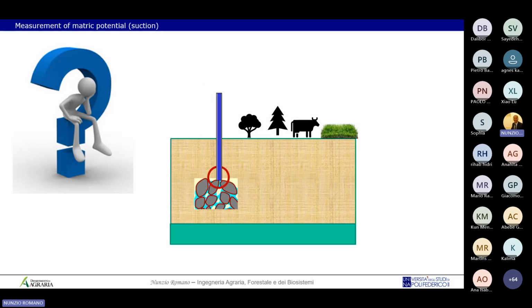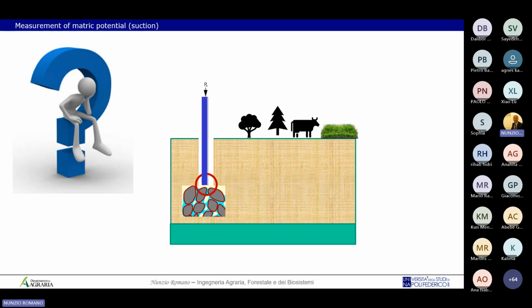Again, the infiltration is in the soil, but I'm talking about the water in the tube. And if I make this kind of experiment, I see that very, very soon the water just goes down and goes into the soil, dispersing into the soil.